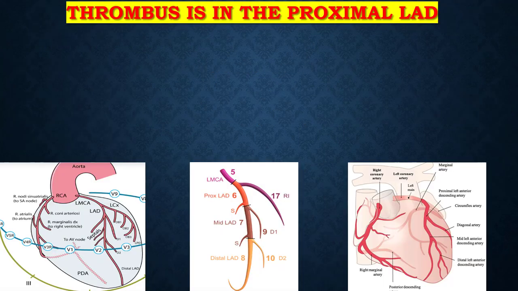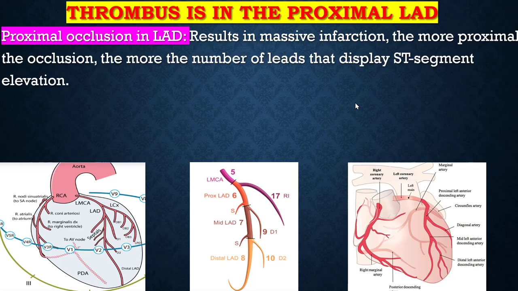Thrombus in the proximal LAD. Proximal occlusion in the LAD results in massive infarction. The more proximal the occlusion, the more leads that display ST segment elevation.